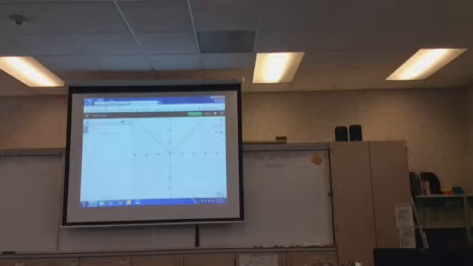So this particular graph is not a straight line, but it is a function.